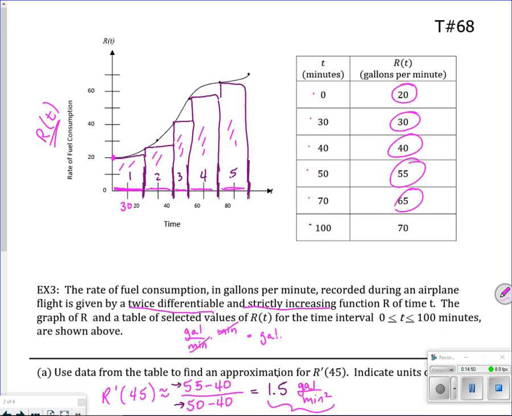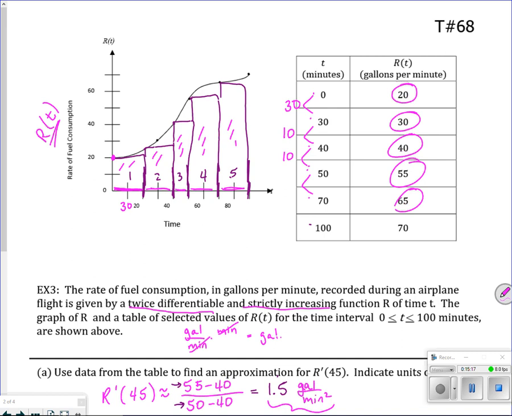Wouldn't that be the difference between the two? So from 30 to 40, I probably did that 30 in the wrong spot, maybe. Sorry about that. Those numbers are a little off there, but whatever. You get the idea. So from 30 to 40, this difference was 10. So that base was 10.